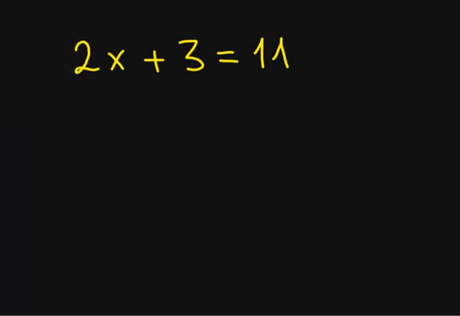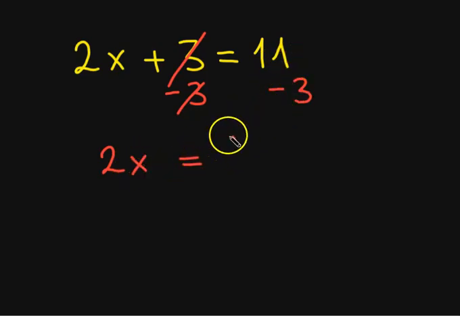Let's start with getting rid of 3. To get rid of plus 3, we need to subtract 3 from both sides. Plus 3 minus 3 cancel out. I have only 2x on the left, and on the right, 11 minus 3, which is 8. So now I have 2x equals 8.